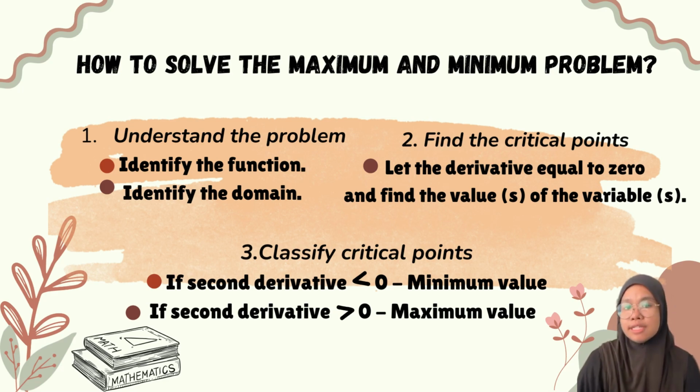Now, we're going to explain how to solve the maximum and minimum problem. First, we have to make sure to understand the problem by identifying the function and the domain. Next, find the critical points. Make sure to let the derivative equal 0 and find the values of the variables.